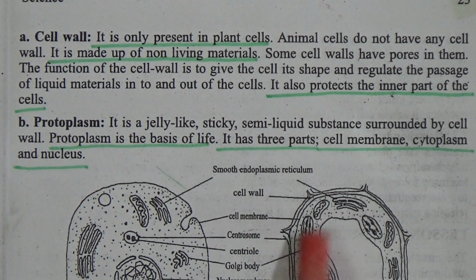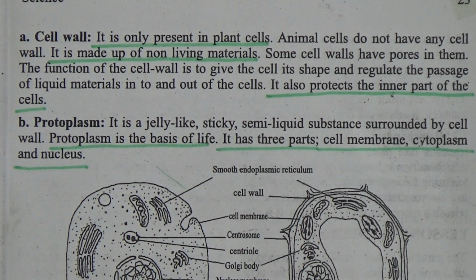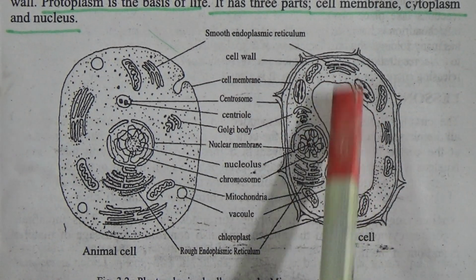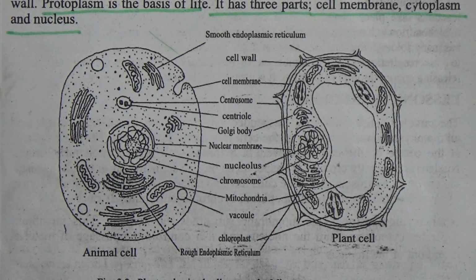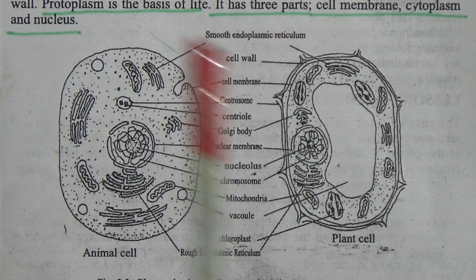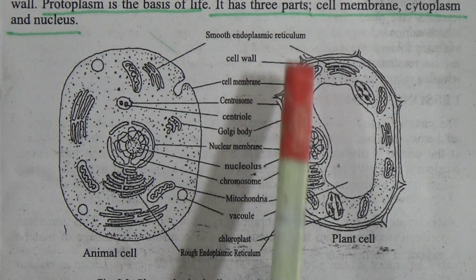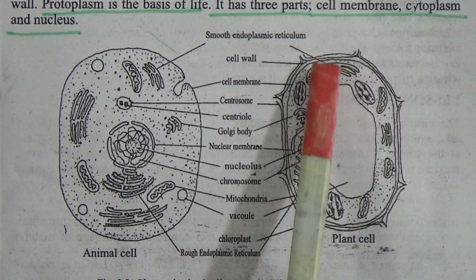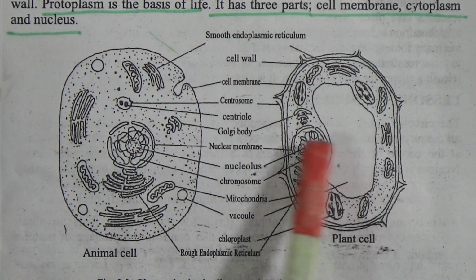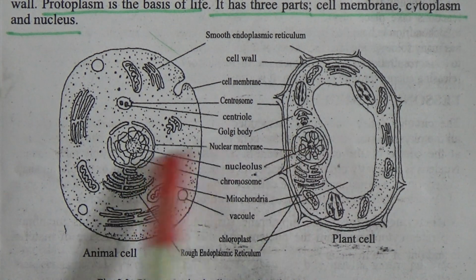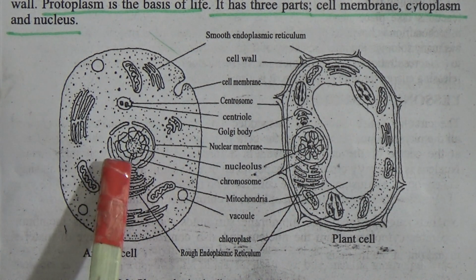Inside this plant cell there is protoplasm, the jelly-like, sticky, semi-liquid material inside the cell wall. Protoplasm is divided into three parts: the cell membrane, which covers our cell, the cytoplasm, which remains in the cell, and the nucleus. In a plant cell the nucleus will be on one side, and in an animal cell the nucleus will be in the middle of the cell.